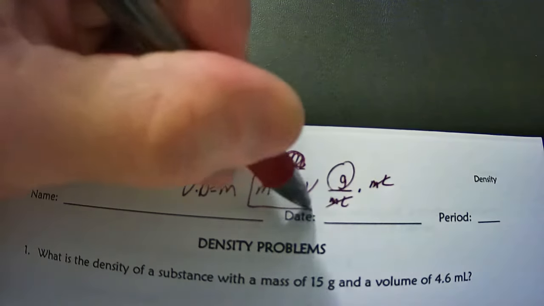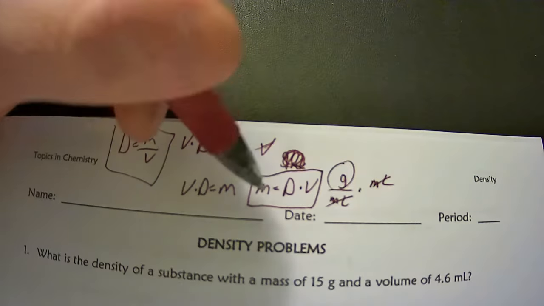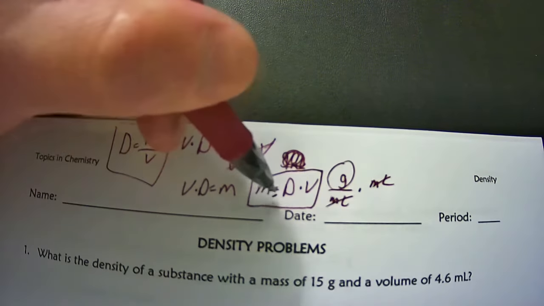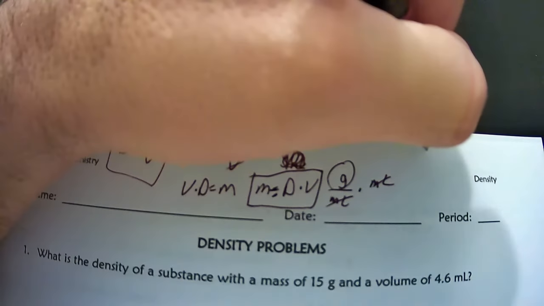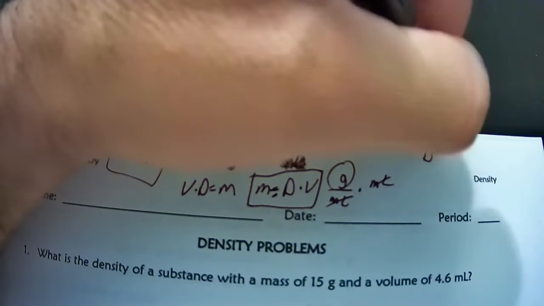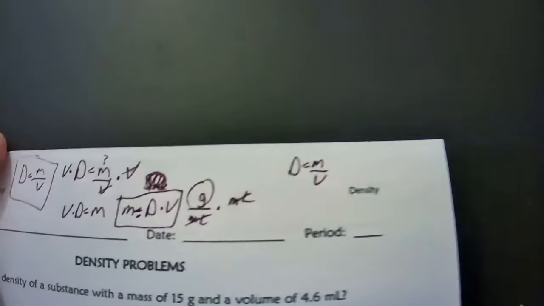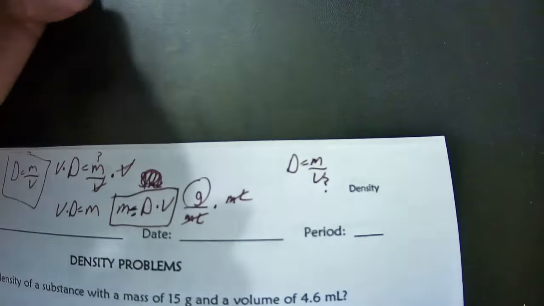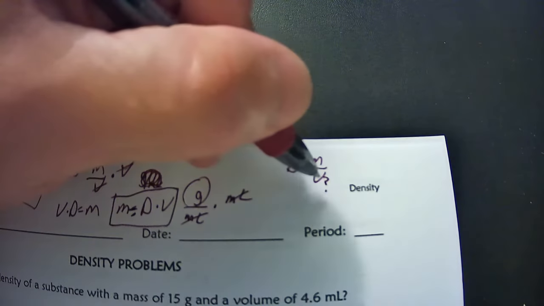So this is another equation that you'll use. Right now we have density equals mass over volume, and mass equals density times volume. Now we're going to start over again and solve for volume. Let's start back with the density equals mass over volume equation. If I'm trying to find the volume, I want to get that by itself, but there's a problem here.